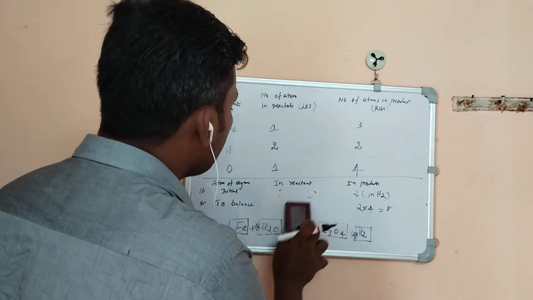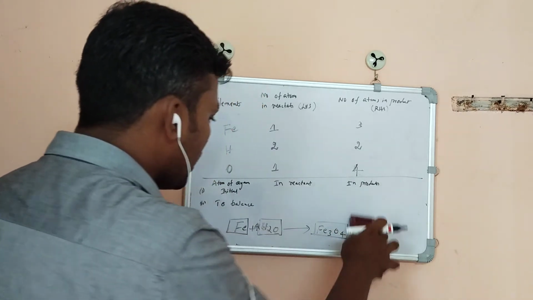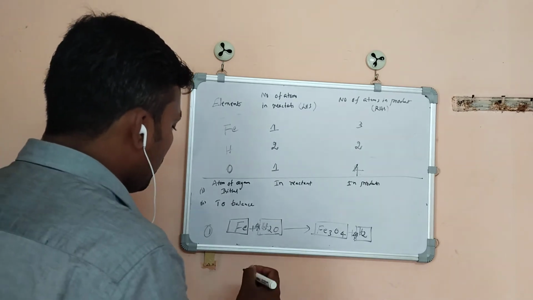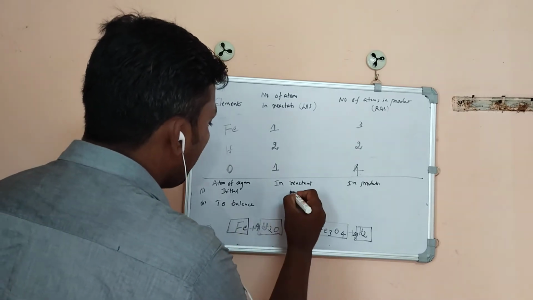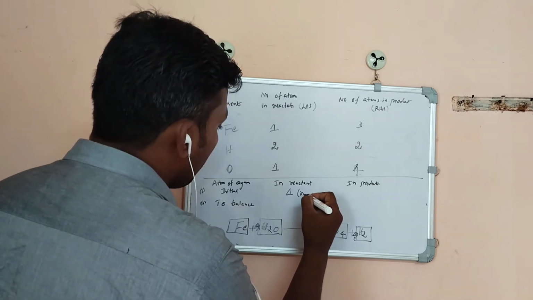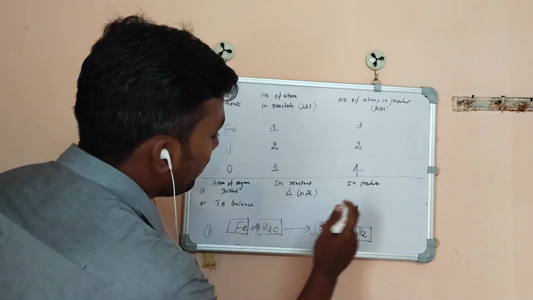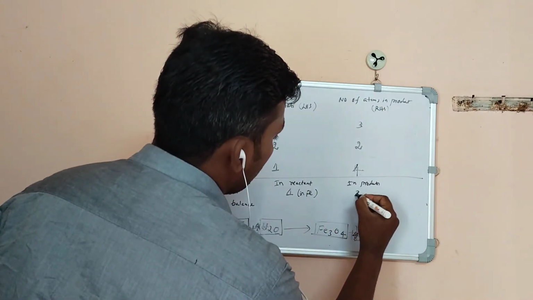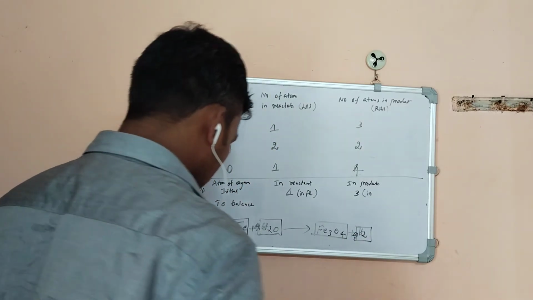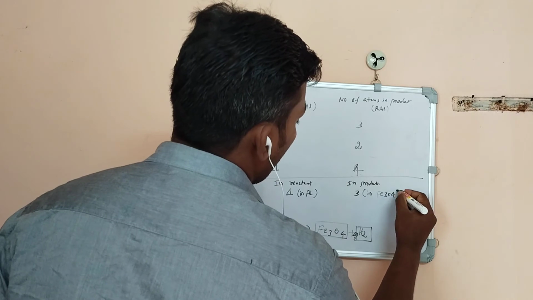The next step is we need to balance the Fe present in this reaction. How many Fe are there initially? Only one Fe in Fe, but after the reaction how many Fe are there? 3 Fe are there in Fe3O4.